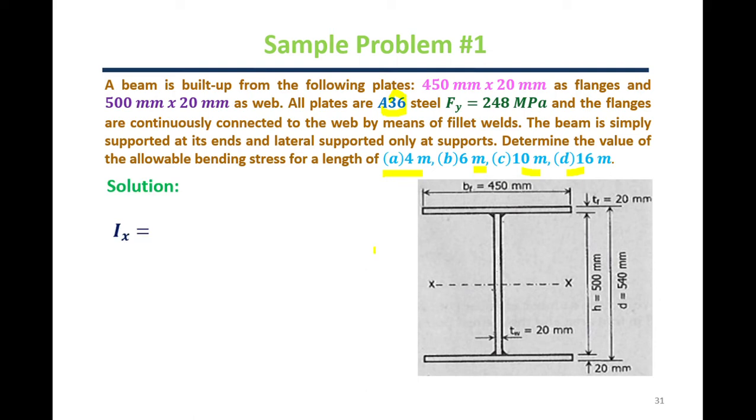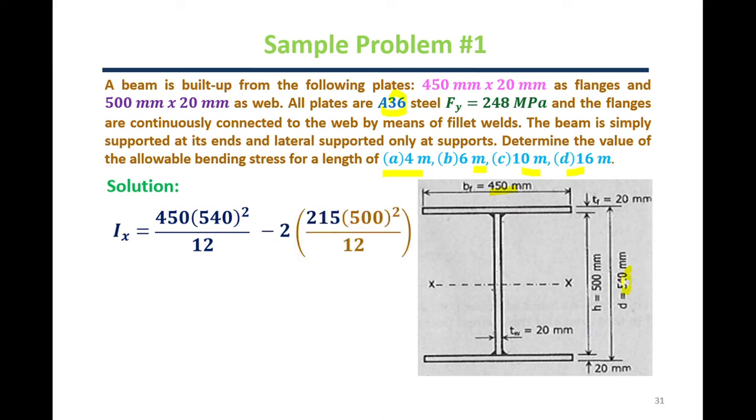So we have here the Ix. Solving for the Ix, we have 450 multiplied by 540 squared over 12 minus 215 multiplied by 500 squared over 12.